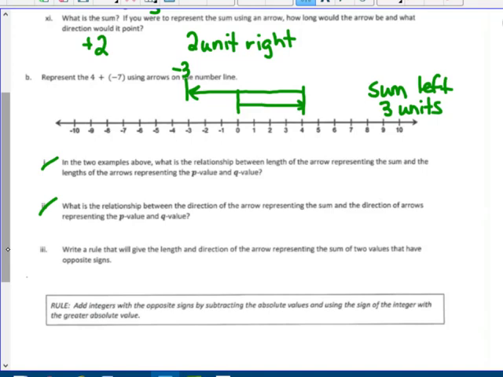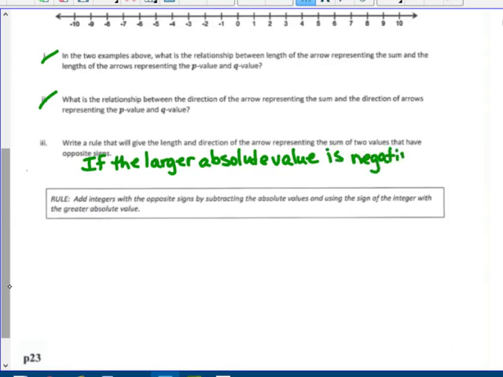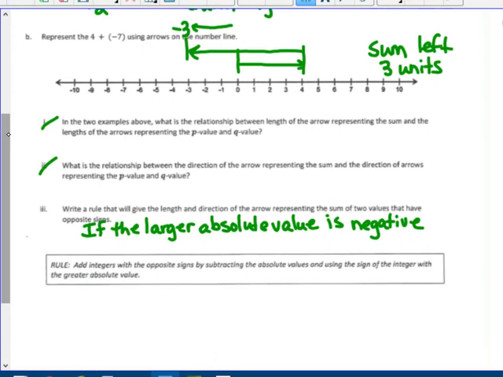I'm going to skip these two questions and go down to the third question. Write a rule that will give the length and direction of the arrow that represents the sum. So the sum here would be represented by an arrow 3 to the left. For numbers that have opposite signs, if the larger absolute value, the distance from 0, is negative, as in -7 in this last example, -7 has a larger absolute value.